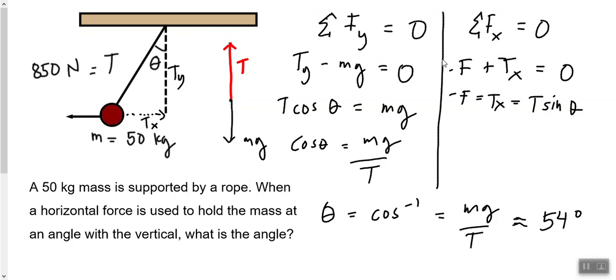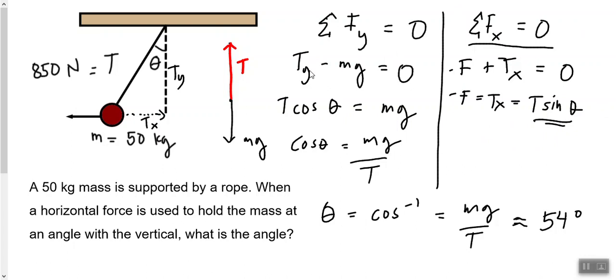So let's look at and apply the second law. Sum of the forces on the X is equal to 0. So the force applied to raise that at a certain angle is equal to T sub X, which is equal to T sine theta. So we could ignore this and we could go to the summation of the forces on the Y to find theta.